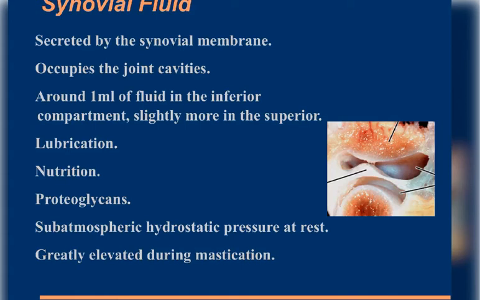We have around 1 ml of fluid in the inferior compartment, slightly more in the superior compartment, because the superior compartment is slightly larger than the inferior compartment. That's why we have slightly more synovial fluid in the upper compartment compared to the lower.